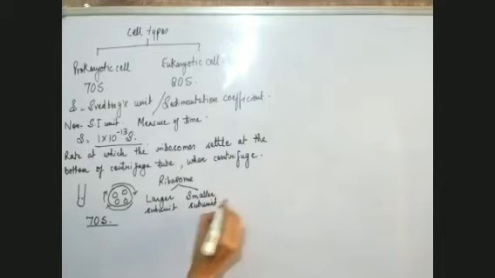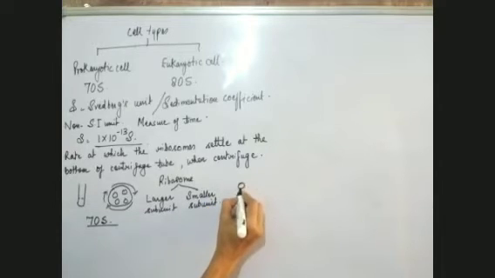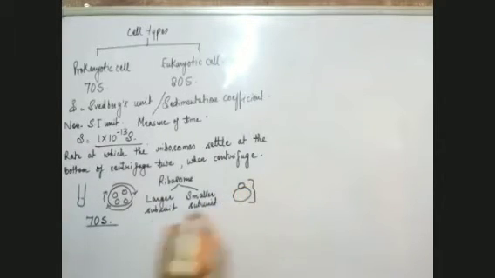This is the smaller subunit and this is the larger subunit, and together they make a ribosome. This is one ribosome, but they are not attached to each other all the time.